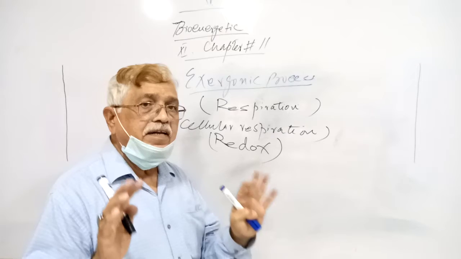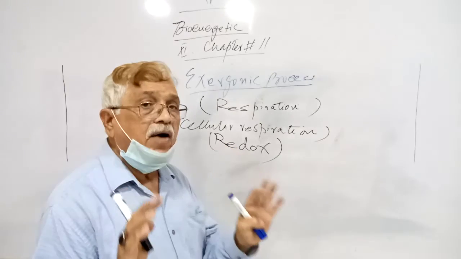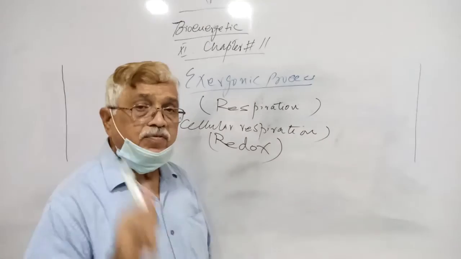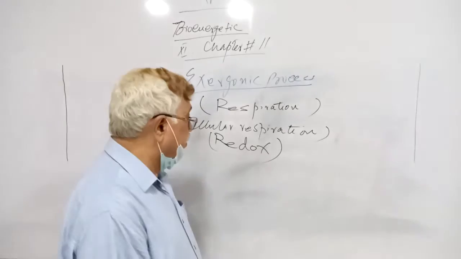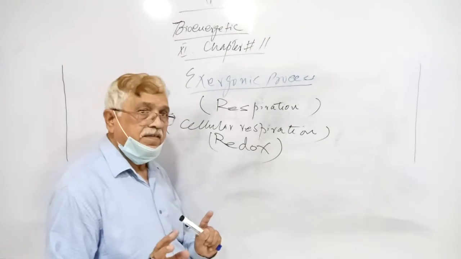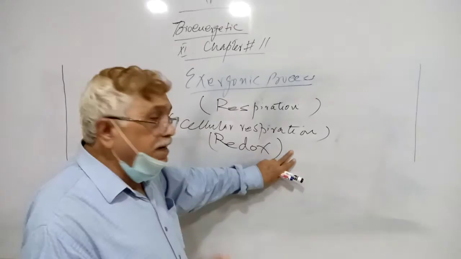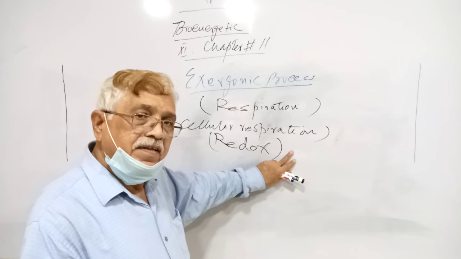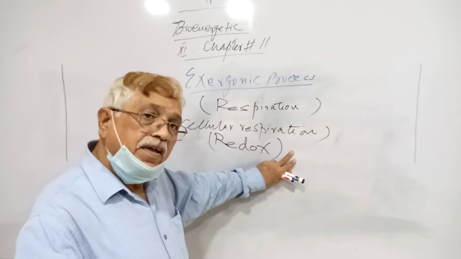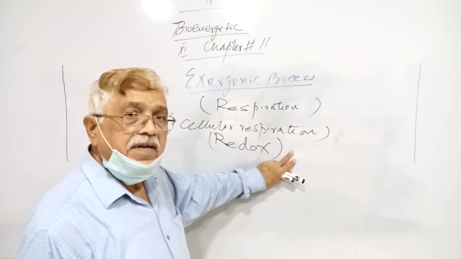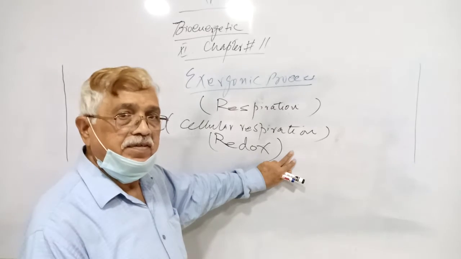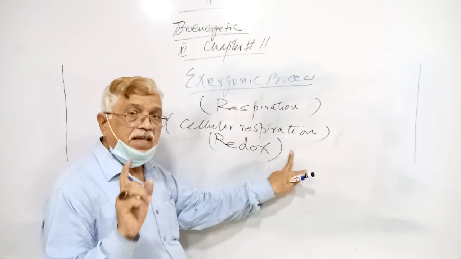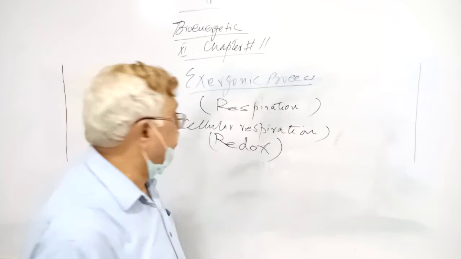The internal organic cellular compound becomes oxidized and releases energy. Once again, internal cellular material, that material is the organic compound. Internal cellular organic materials that become oxidized and release energy is known as respiration.